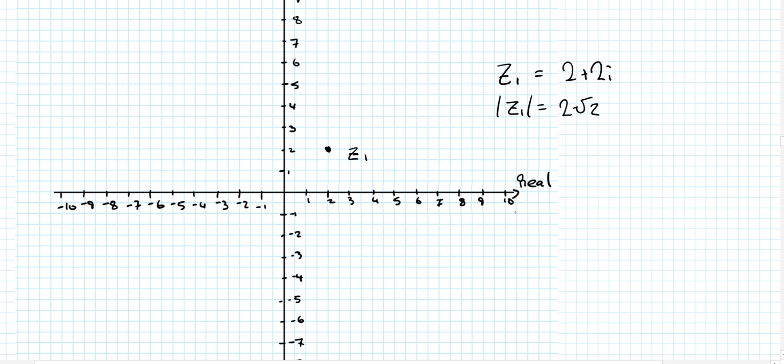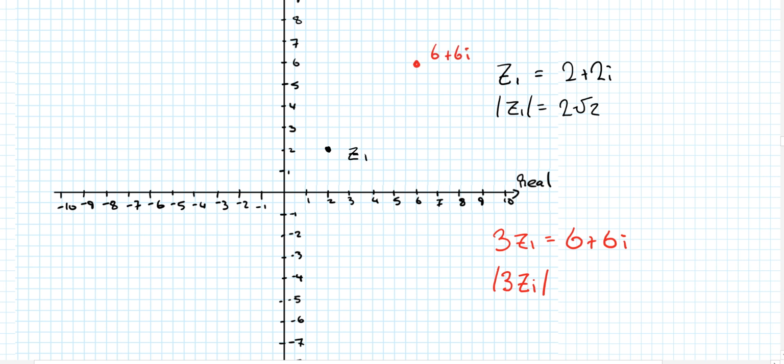What would 3 Z1 look like? Well, it would be 3 times each of those, so it would be 6 plus 6i. What would the modulus of this look like?